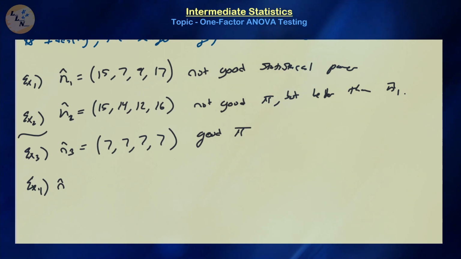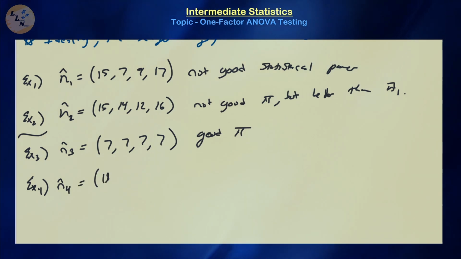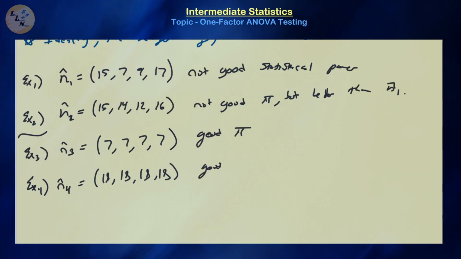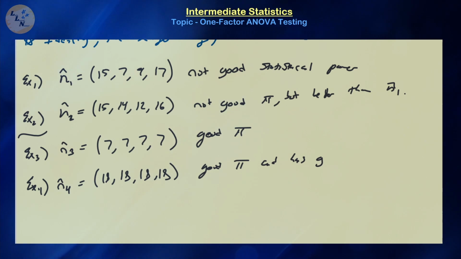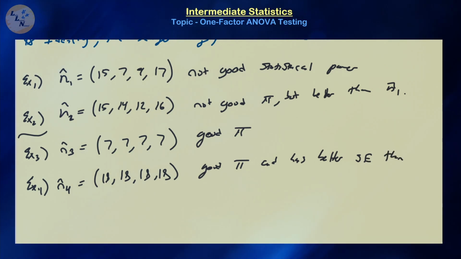But the sample size vector n hat 4, which is, for example, 18, 18, 18, and 18, also has maximal statistical power, and I wouldn't say good sample sizes, but better standard error than n hat 3, because usually as our sample size increases, our standard error approaches 0. So just keep those in mind.